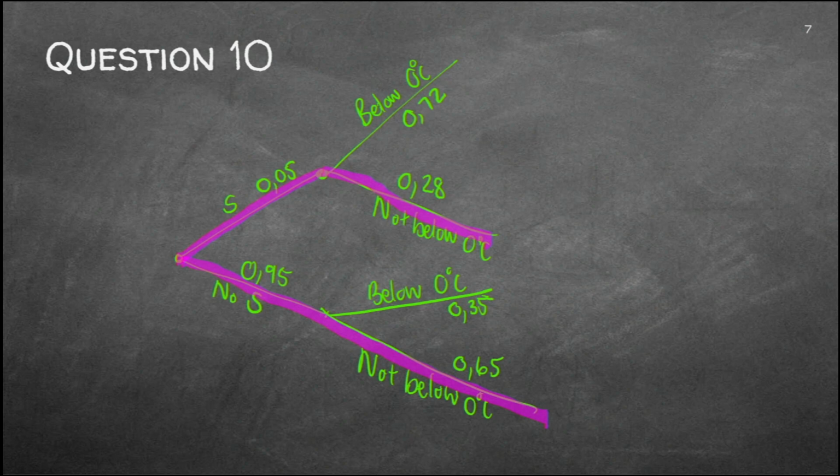So how do we calculate the probabilities? When we're using one branch, we multiply, meaning the 0,05 multiplied with 0,28, or 0,95 times 0,65. But these are two separate branches, so we need to add the two answers.